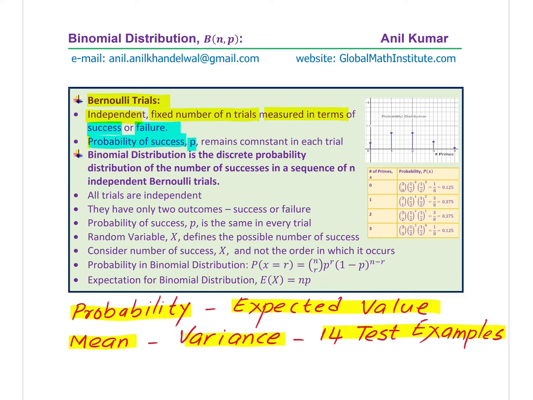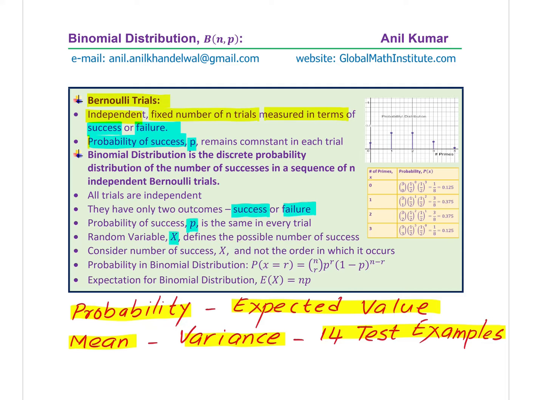You have n trials, out of which we are interested in how many are successes. All trials are independent, they have only two outcomes, success or failure, and the probability of success is P and is the same in every trial.